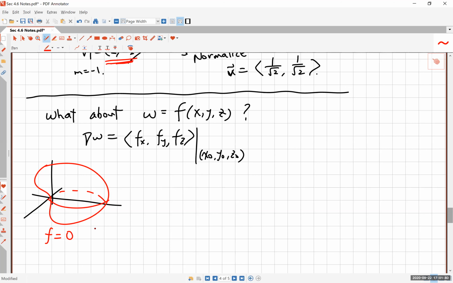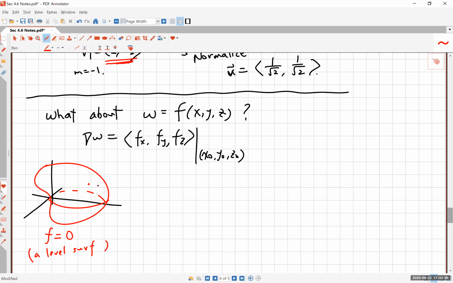So this is a level surface, not a curve anymore. This is the level surface where the value of the function f is equal to 0. In other words, the set of all points where f of x, y, z is equal to 0 would create a surface. And so this is the level surface corresponding to the value of 0.